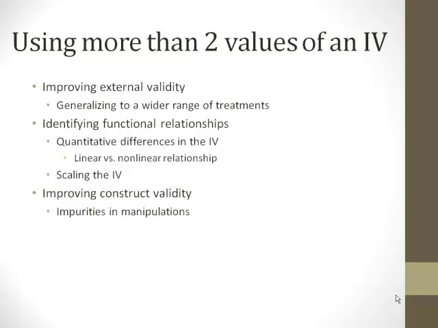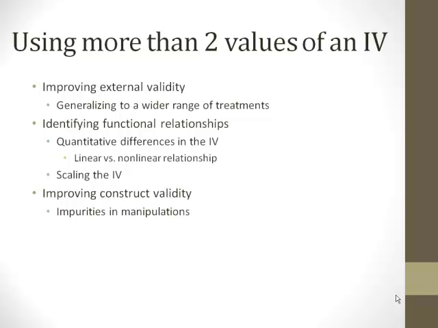There's always the possibility that there might be impurities in my manipulations, right? So if I get a bunch of different cheeses that have different levels of smelliness and I get people to rate them, and then I use them in my study, what if those different cheeses are not only different in their smelliness, they're also different in their texture or their color or the amount of cheese that's there, right? Now, I may not be so sure when I find differences in my DV.